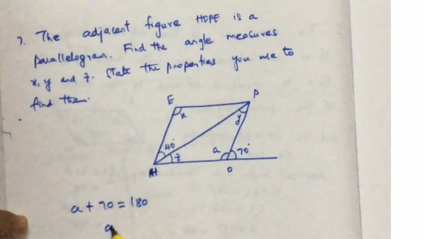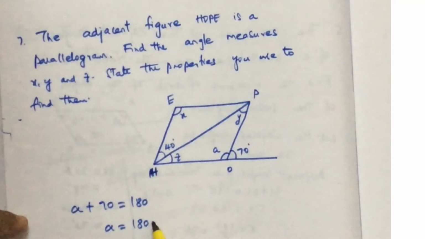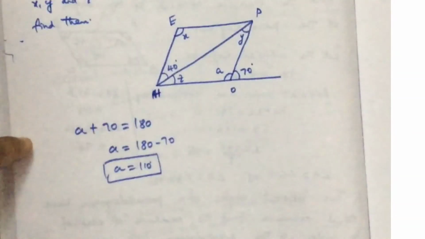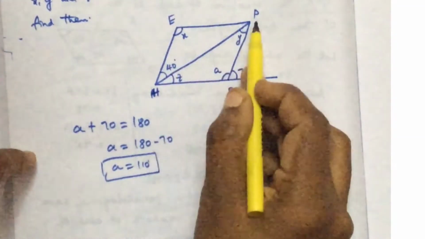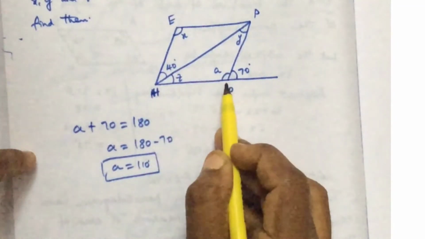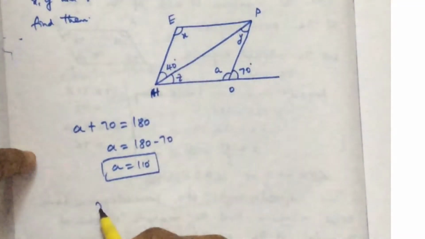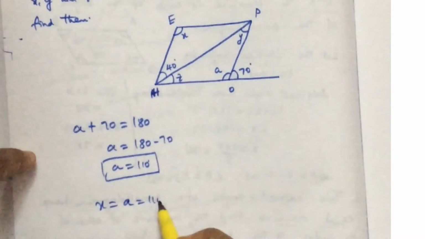So angle A equals 180 minus 70, that is 110. This is angle A. Since this is a parallelogram, angle A should be equal to angle X, that is 110.